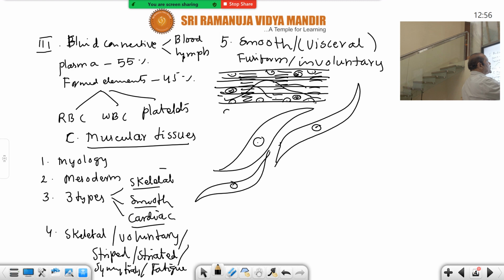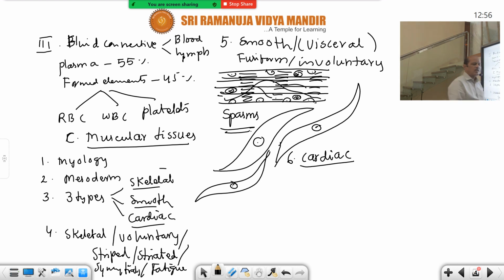Involuntary muscles also show spasms, meaning prolonged contractions of muscles are called spasms. So smooth muscles or visceral muscles or fusiform muscles or involuntary muscles or unstriped muscles or unstriated muscles, all are one and the same. And last and final muscles are the cardiac muscles.